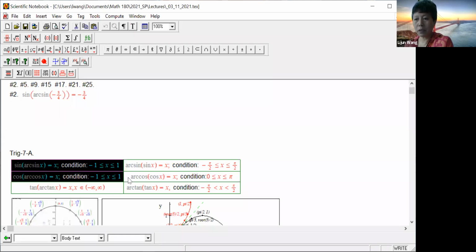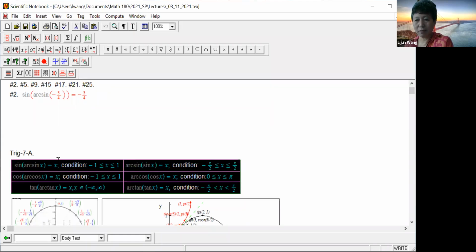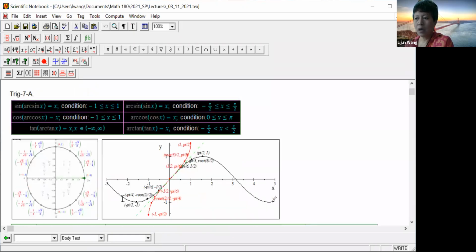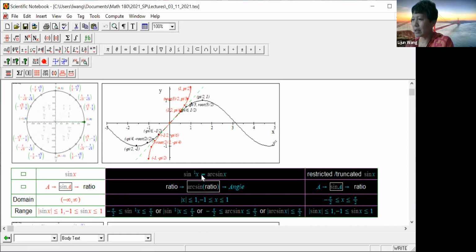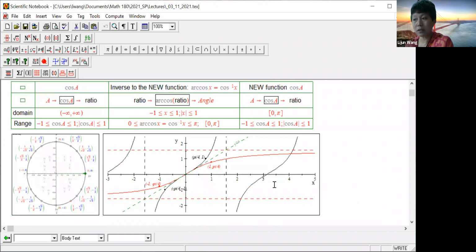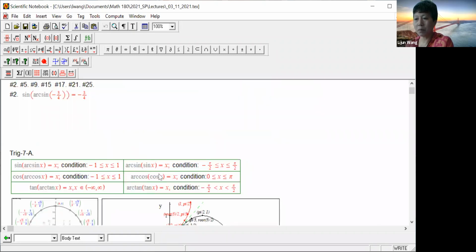These properties at the top of Trig 7a are like additional perks. All the others, sine, arc sine, we have addressed in detail, and there are some interesting properties from inverse functions that made these perks. You can also do it the other way.